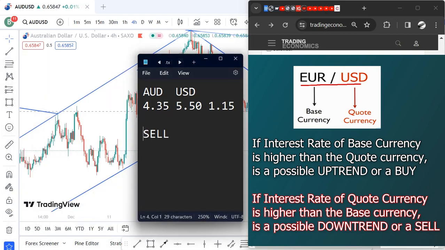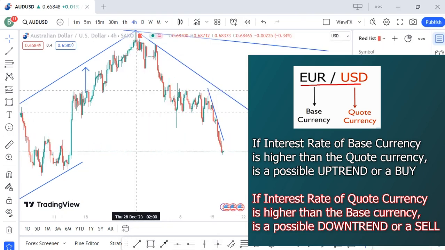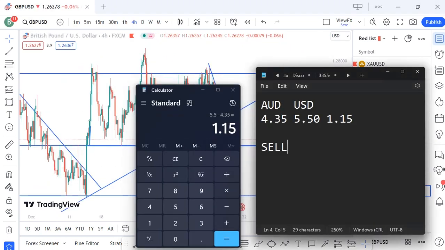So what is happening on the chart now? Is AUD USD falling or selling? You can see that AUD USD is selling. So the next pair we're going to check is Great Britain USD.